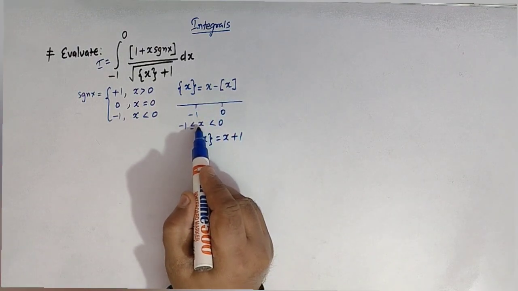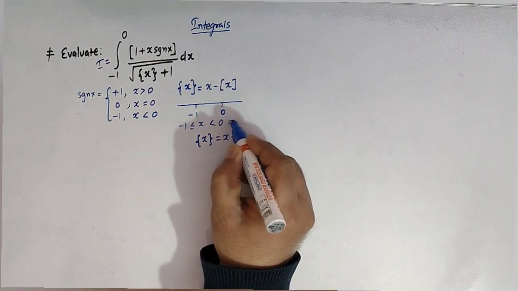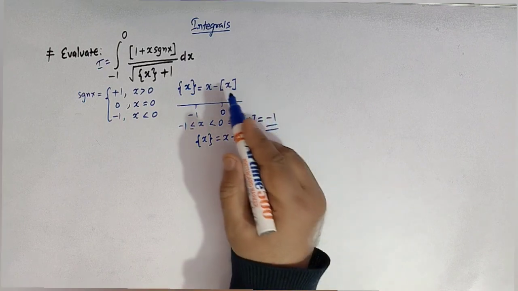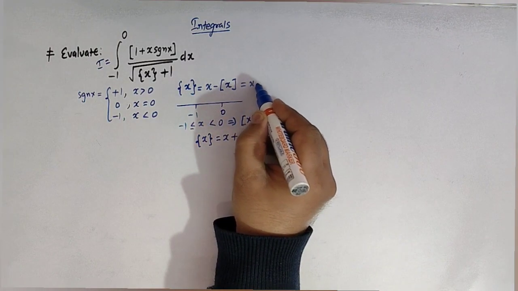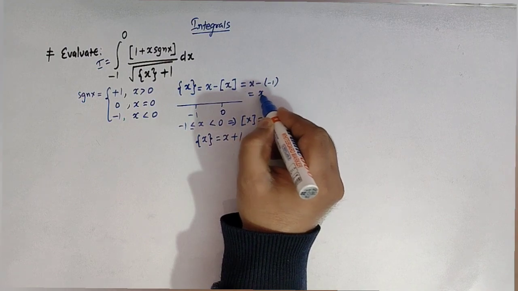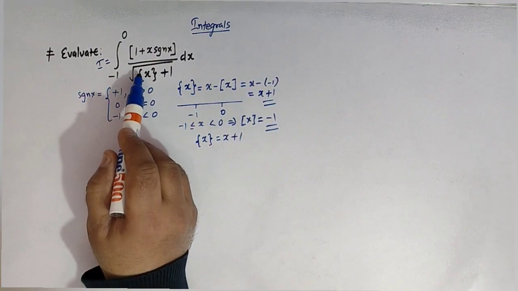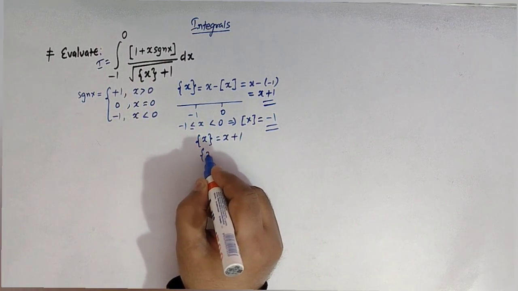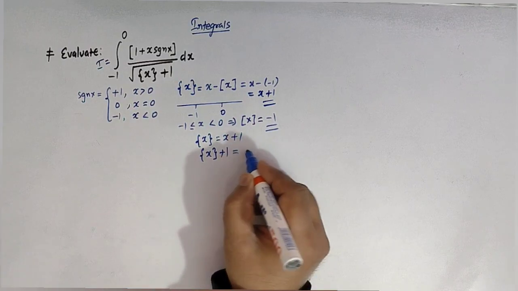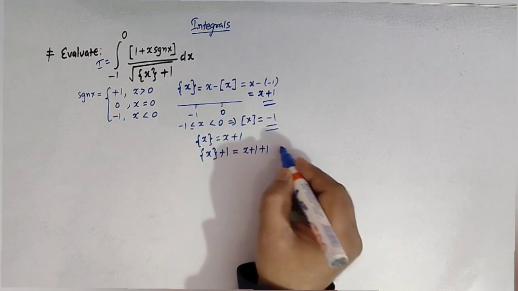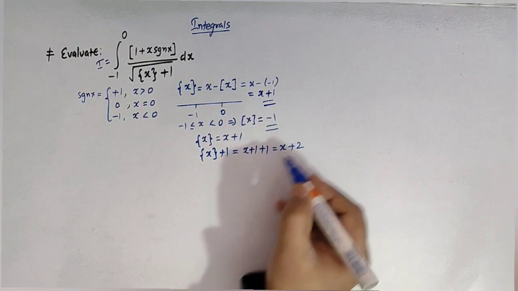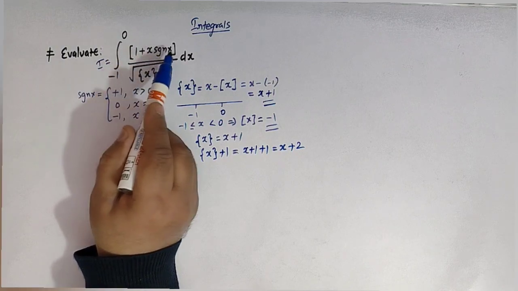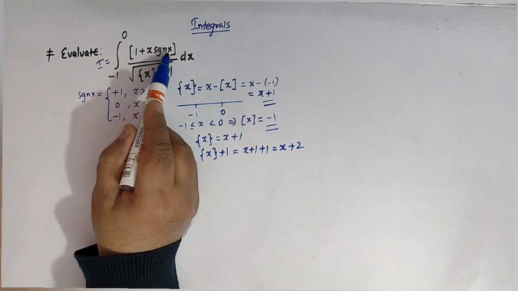Because when x lies between -1 and 0, the greatest integer of x will take the value -1, so we have x minus (-1), that is x plus 1. So the fractional part of x plus 1 becomes x plus 1 plus 1, that is x plus 2. In the numerator we have the greatest integer of 1 plus x times signum of x.